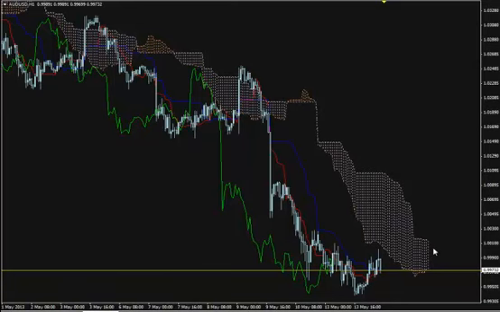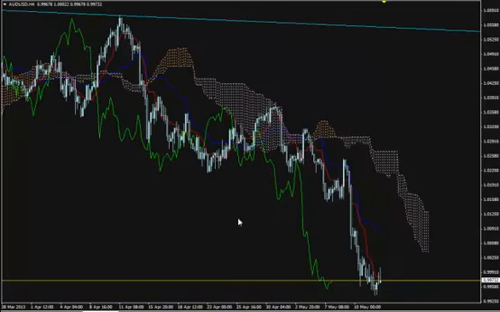Preferably, we would like to have a new bullish leading Kumo formed here. And if on the H4 chart we also see a clearly bullish environment, then we can go long.